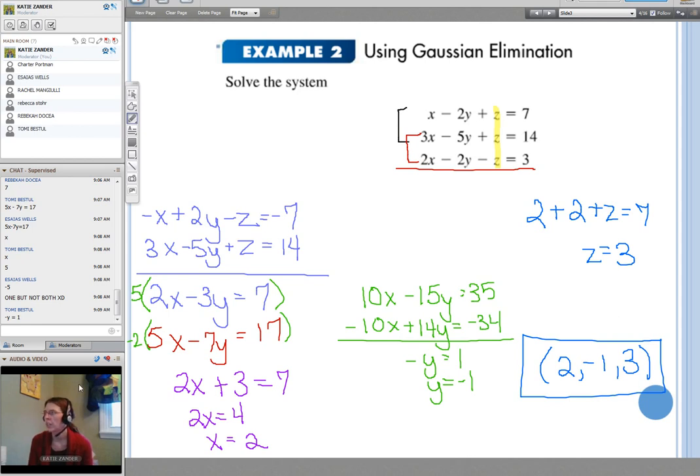All right, are there any questions with that Gaussian elimination? So we may have seen this once or twice, maybe back in Algebra 2 days, but we didn't spend a great deal of time on it. So we are presented with it again here in pre-calc.